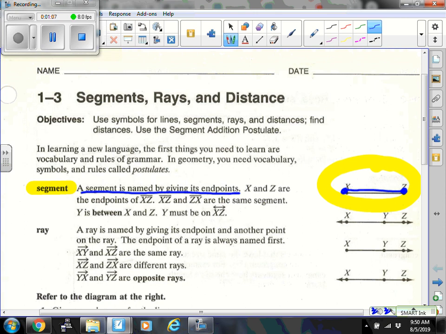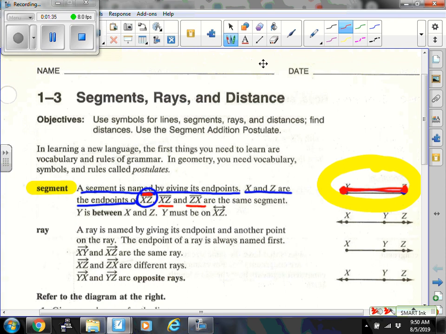A couple things to note: if X and Z are the endpoints, we write it as XZ, but we put a little line segment on top. See the little line segment? But XZ is the same line segment as ZX. So we have two ways to write it.